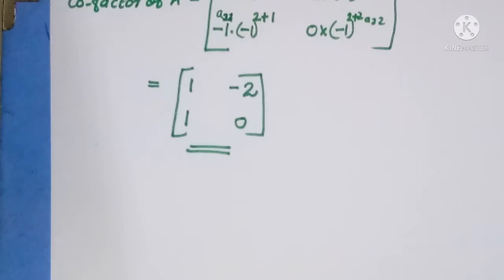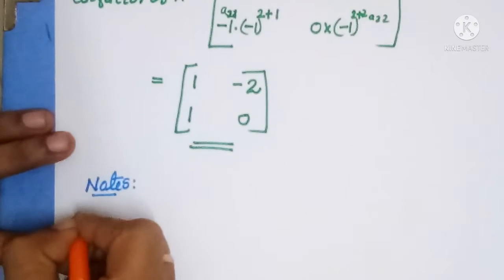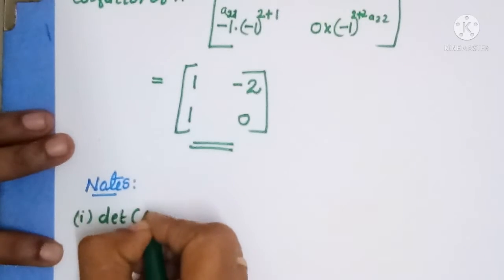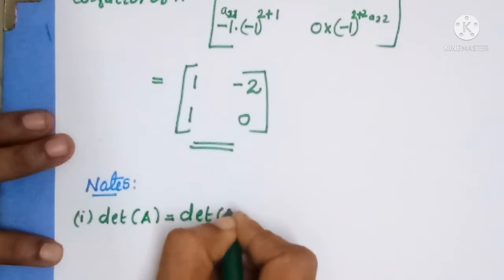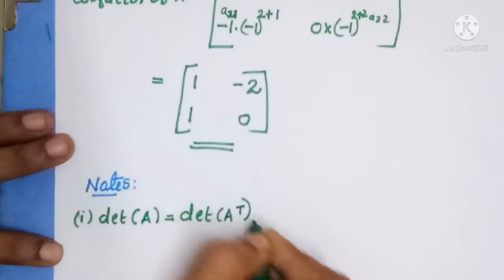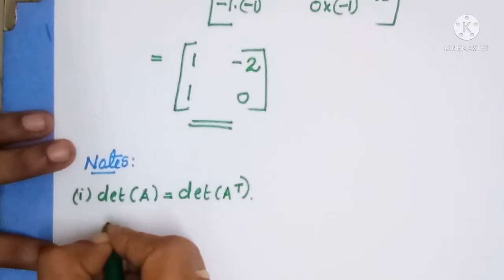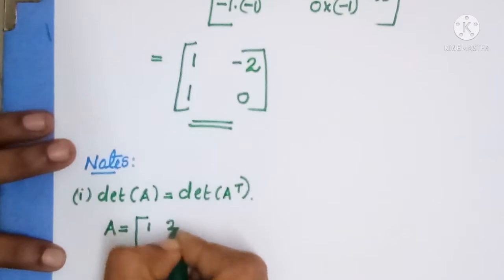Some important notes regarding determinants. First, the determinant of A should be equal to the determinant of A transpose. Both are equal. To understand this concept, we can take a matrix A equal to 1, 2, minus 1, 3.